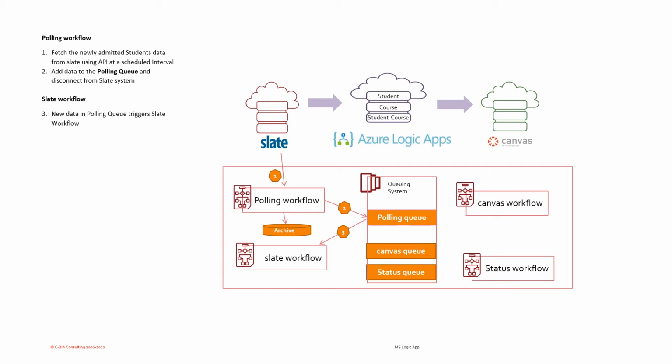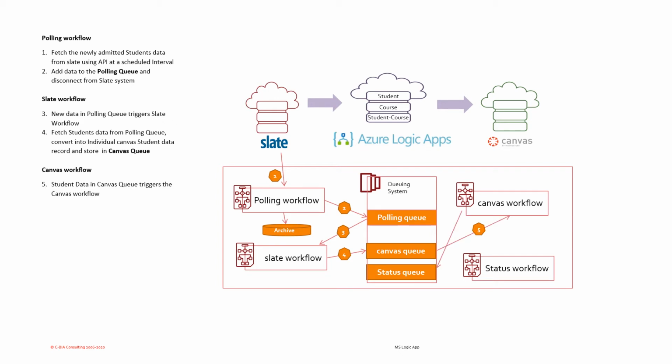What's going to happen here, first of all, is that new data in that polling queue that has arrived from Slate is going to be transferred over to the Canvas queue. And we're going to create individual records for each of those students and each of the courses for which they're subscribed.